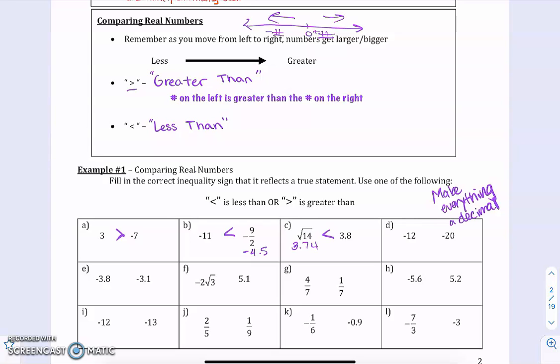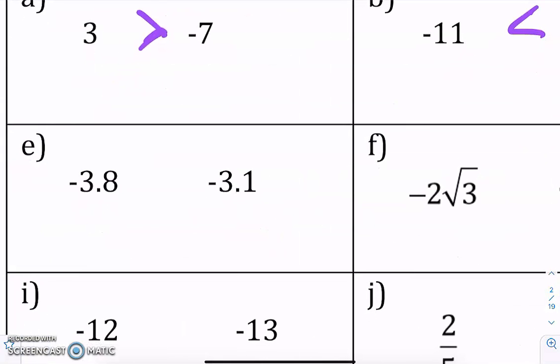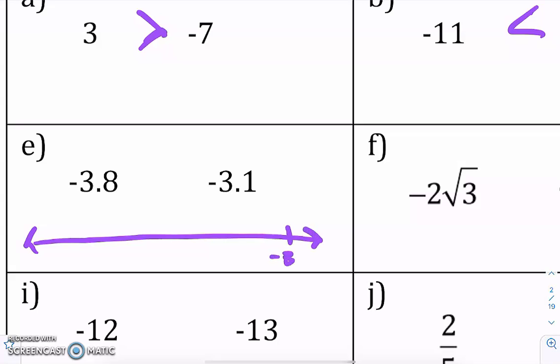So -12 and -20, same thing. The farther left is the lesser number. So -20 is farther left than -12. So that should be your lowest number. So -3.8 and -3.1. If you guys were on a number line, so say you had -3 right there.